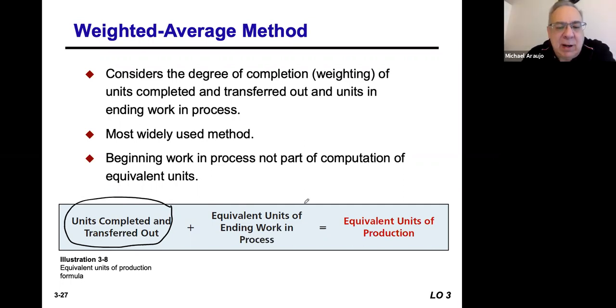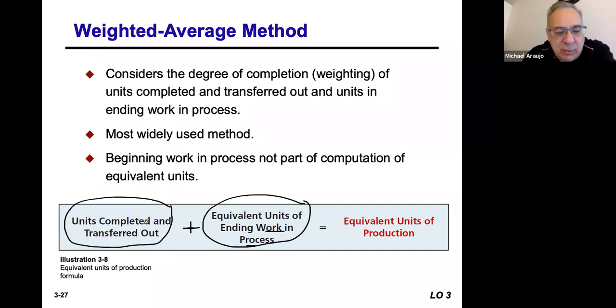But then there are some units that are still in the process of getting done, right? That work in process. Well, how much of those units are done? And how much still needs to get done? We add those together, the ones that are already done, to the equivalent units in the work in process that we can calculate. And that gets us to what's called an equivalent units of production.